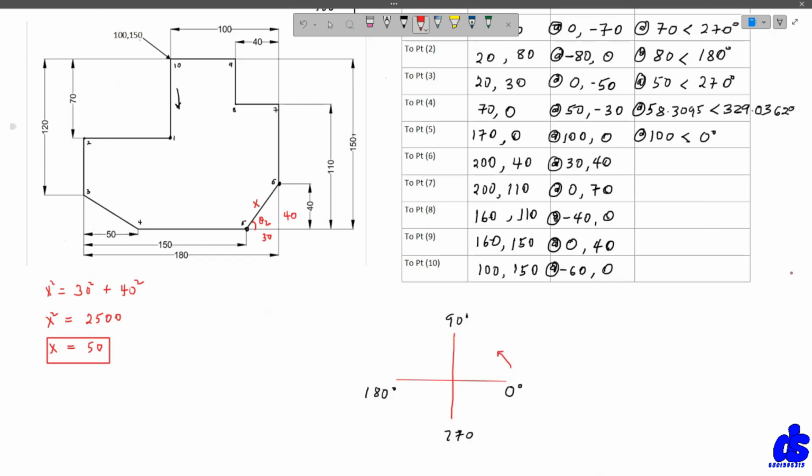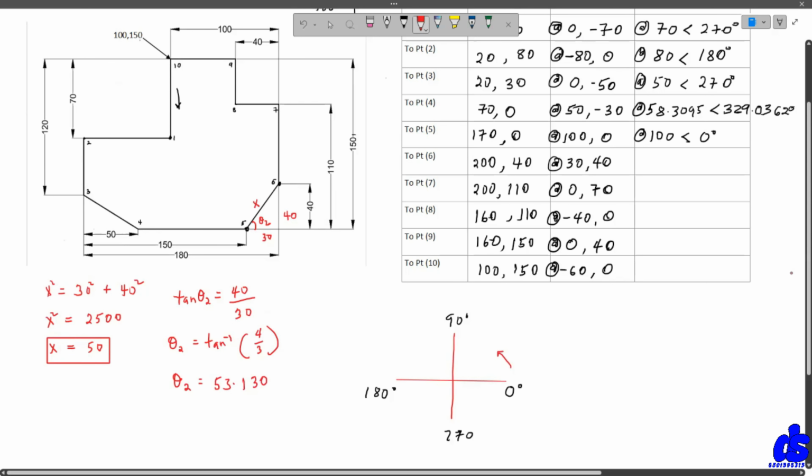Now we need to find the angle. We have the opposite, we have the adjacent, so you can use tan. Tan of theta 2 is equal to the opposite, which is 40, over the adjacent, which is 30. So theta 2 is equal to tan inverse of 4 over 3, which is 53.1301.